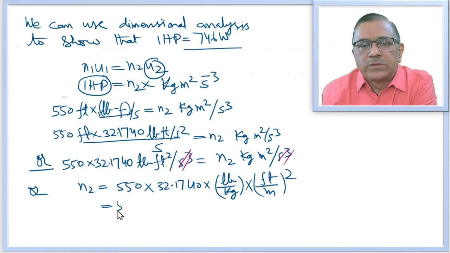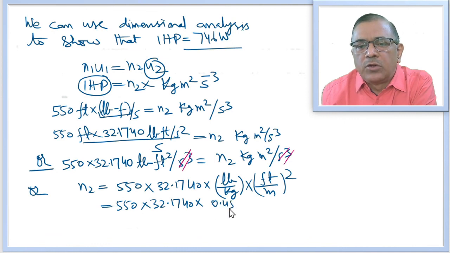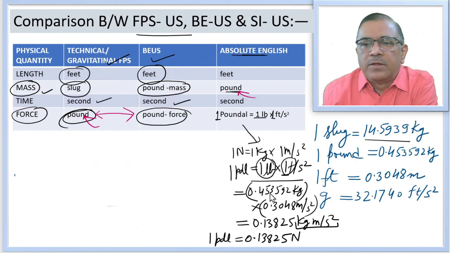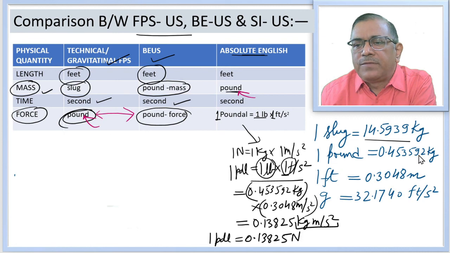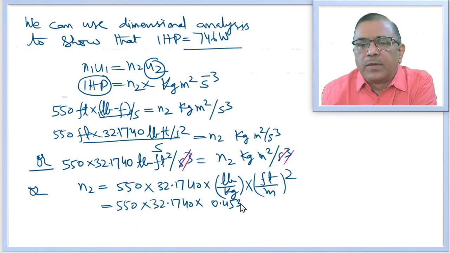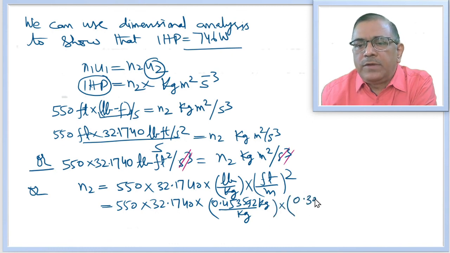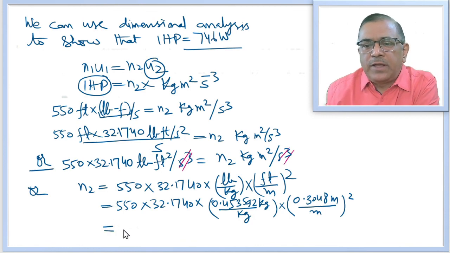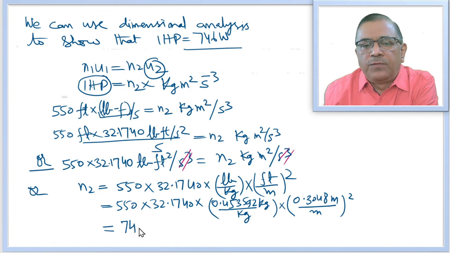This is equal to 550 multiplied by 32.1740 multiplied by, this pound is equal to how much? 1 pound is 0.453592 kg, per kg, multiplied by 0.3048 meter by meter whole square, and if you solve it carefully, you will end up with 745.7, or about 746.